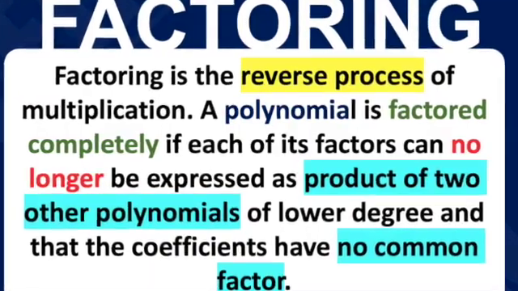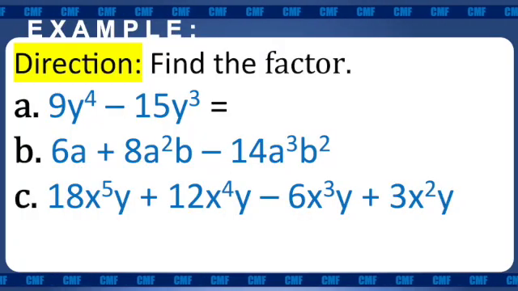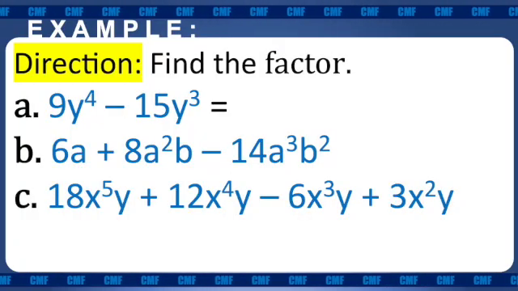So how is the factoring method done? Let's look at this example of factoring with a common monomial factor. Letter A, 9y to the fourth power minus 15y cubed.